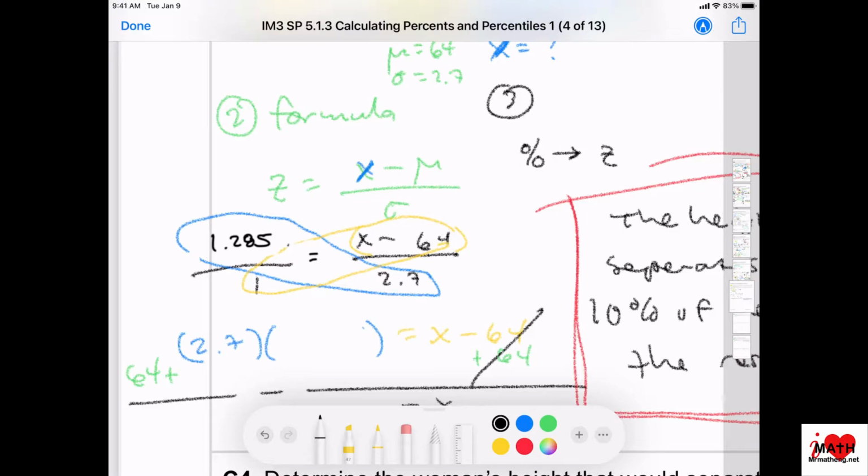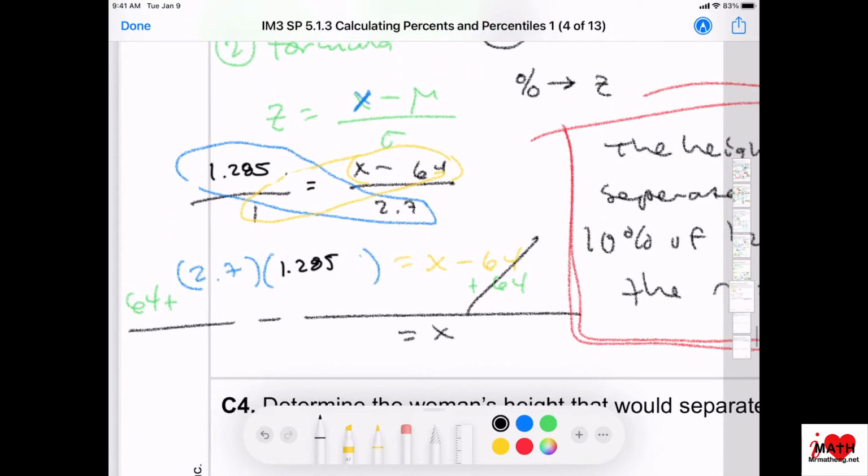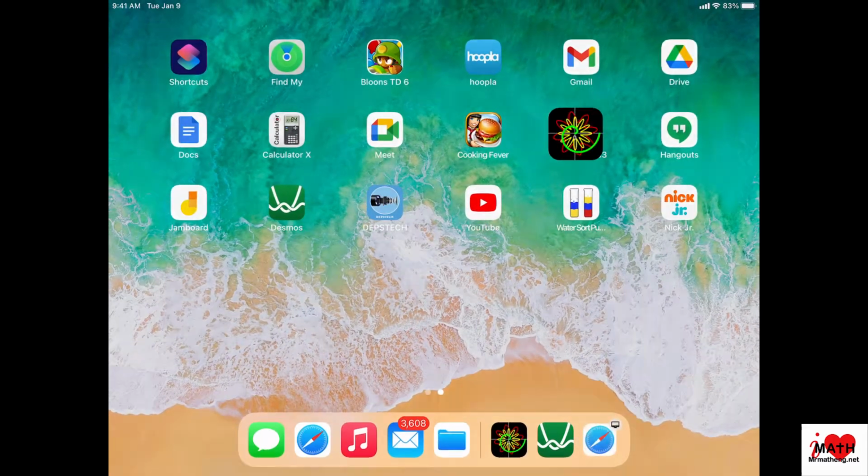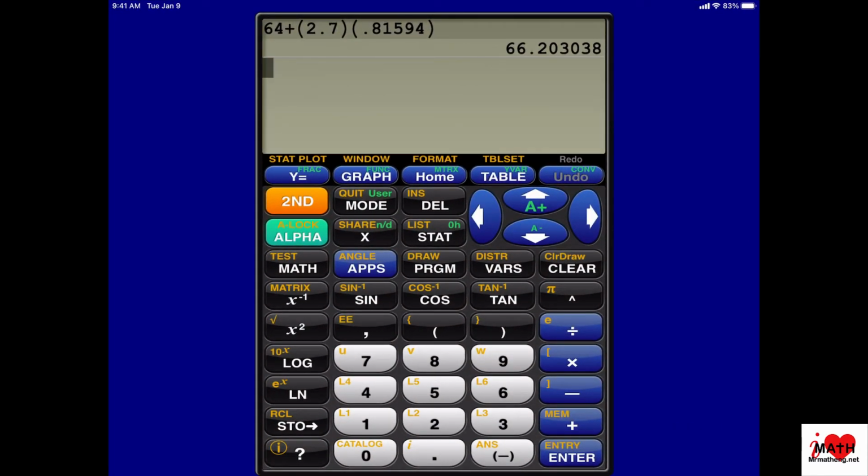And then we're going to cross multiply here in blue. 2.7 times 1.285 equals 1 times the quantity x minus 64. When you have 1 times anything, you don't need the parentheses or the 1. So I just add 64 to both sides. And I have my calculator-ready equation there. Let's do that one together. 64 plus 2.7 times 1.285.